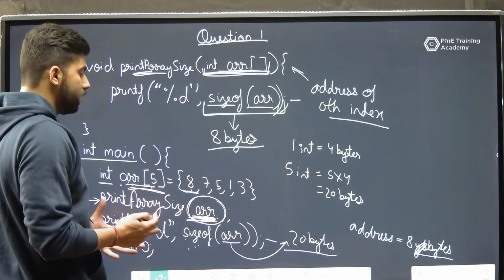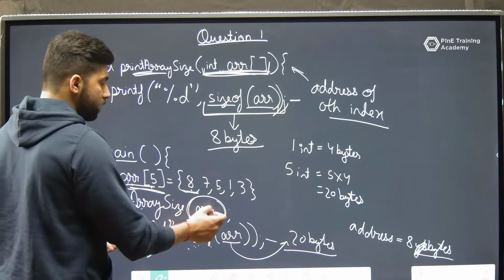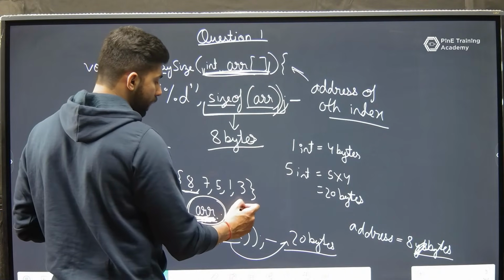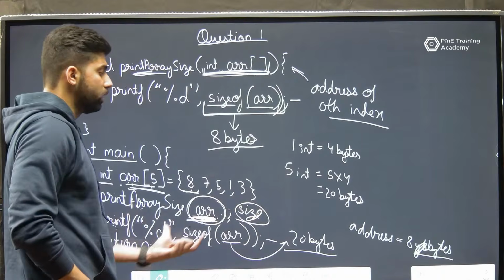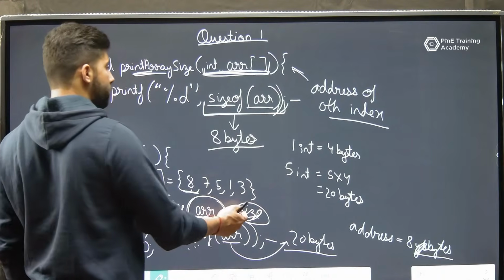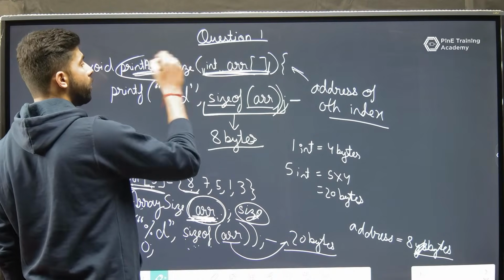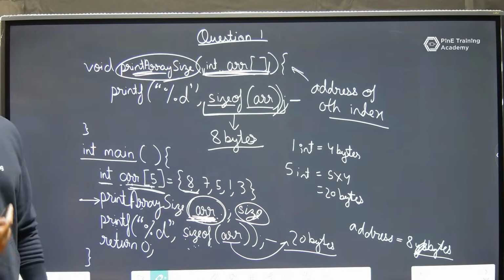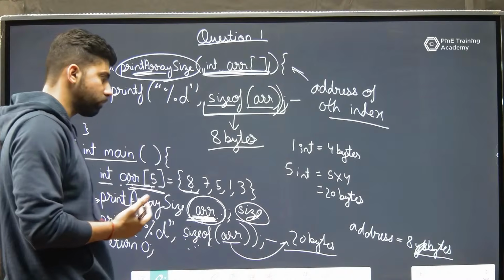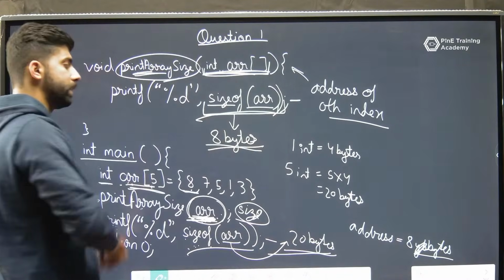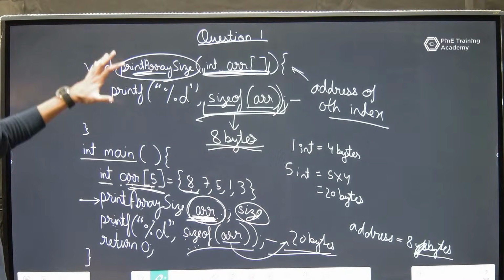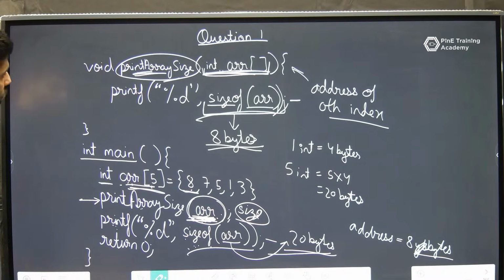That's why I said whenever we pass an array to a function, we provide another parameter as size. It is necessary that we provide size as a separate parameter. Otherwise, this function will not know the size of the array, right? So this will print 20 bytes and this will print 8 bytes. Okay, so this was the first question.